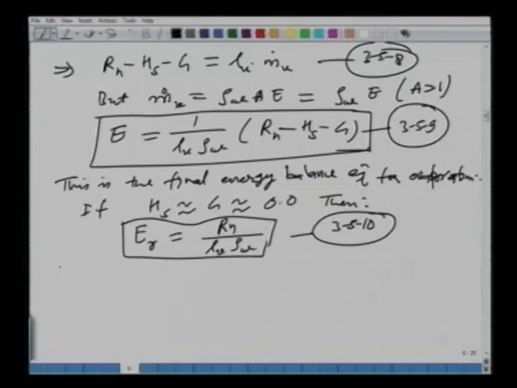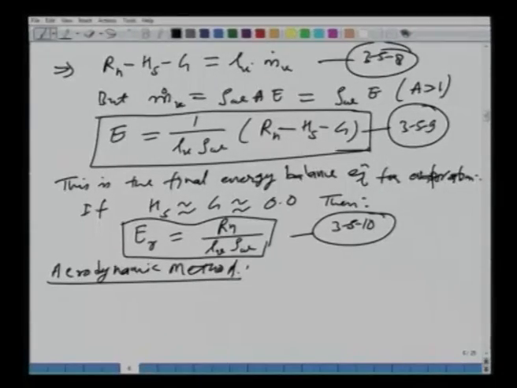Now, the second method, as I said, is what is called the aerodynamic method, in which we will consider the derivation of an expression for evaporation which considers not the heat energy we have already considered in the energy balance method, but two other main factors, which are the humidity and the wind velocity.